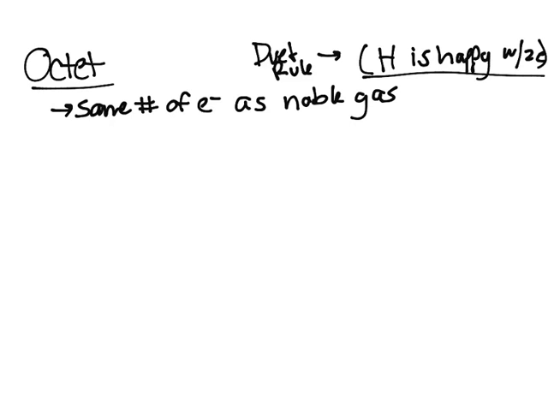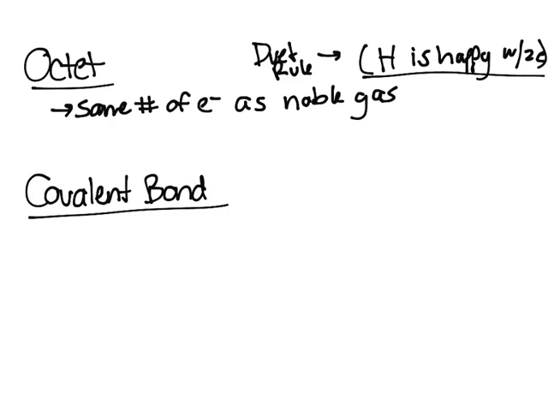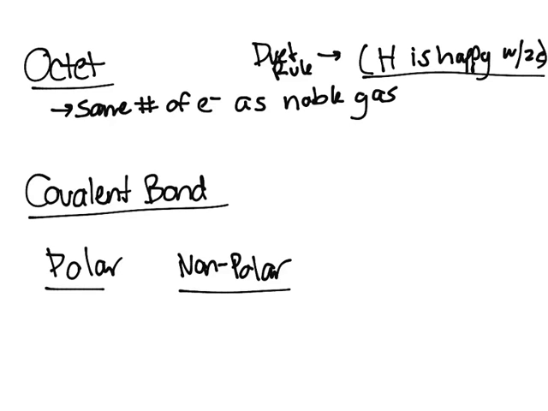And so more on covalent bonds. There are 2 types of covalent bonds: polar and nonpolar. What polar and nonpolar means is essentially how well electrons are shared.